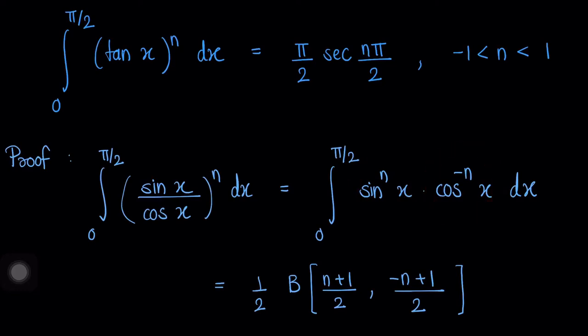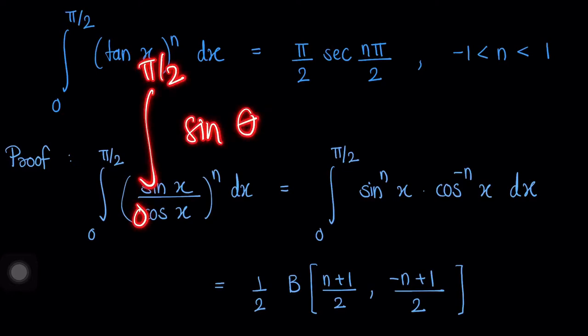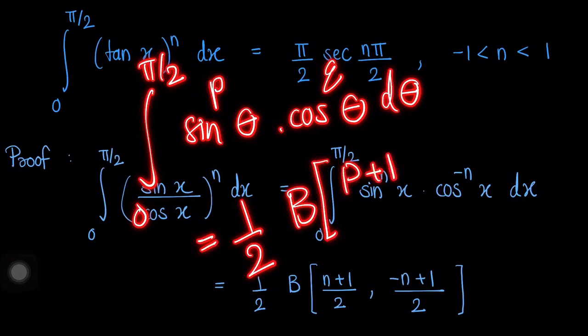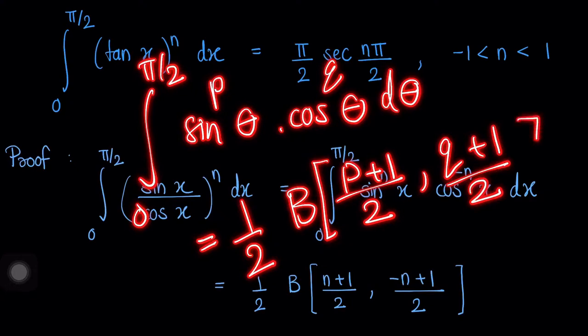Now here we are going to use the formula, that is integration 0 to pi by 2 sin of theta raised to p cos of theta raised to q d theta, and the value of this integral is equal to 1 by 2 beta of p plus 1 divided by 2 comma q plus 1 divided by 2.